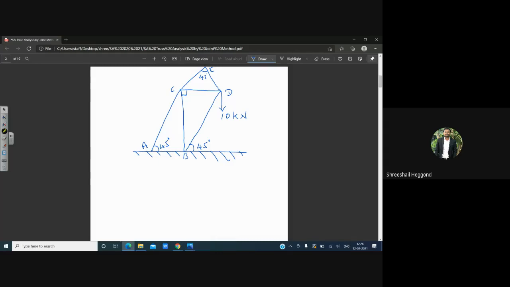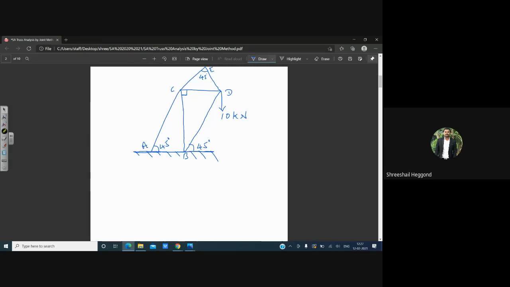AC and BD are the inclined members with a 45-degree angle, and BC is a vertical member, whereas CED is a triangle at the top, and the angles of the triangle are 45 degrees and 45 degrees. A similar triangle is there.